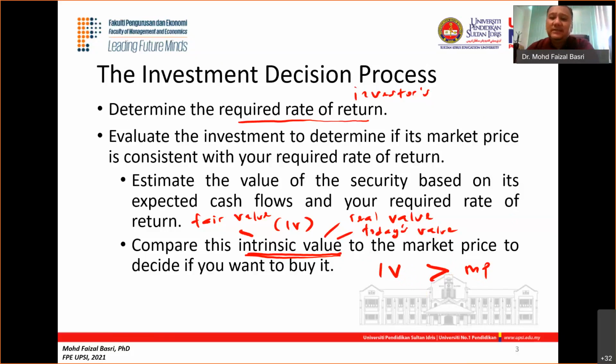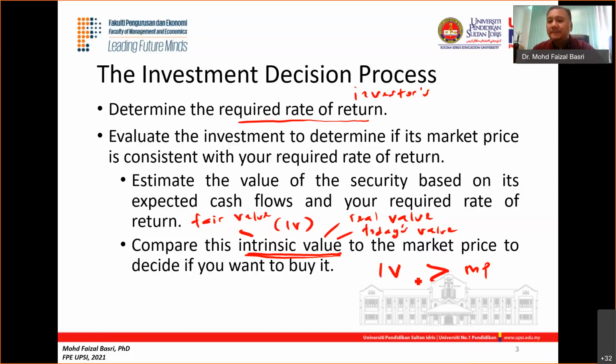Remember, IV is also known as the real value, today's value, or fair value. So this is supposedly the actual or correct price, the fair value at which we should purchase.